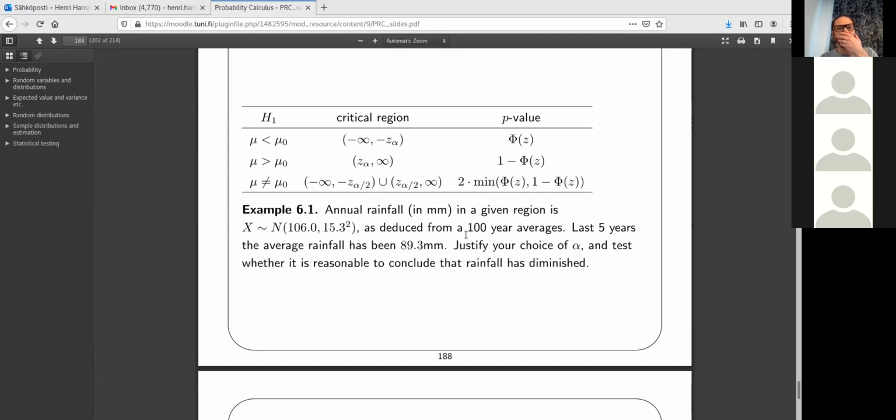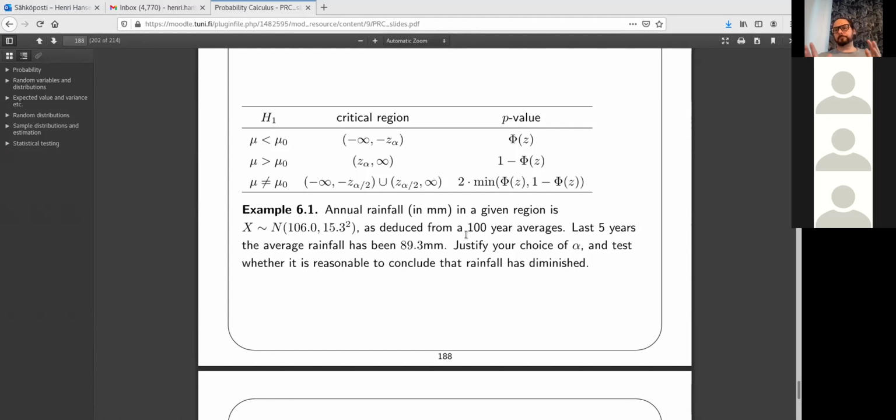So here was an example. We calculated this annual rainfall, and we came to the conclusion that with a certain probability... I don't remember exactly what it was, we did that calculation last time, but the p-value was about a couple of percent.